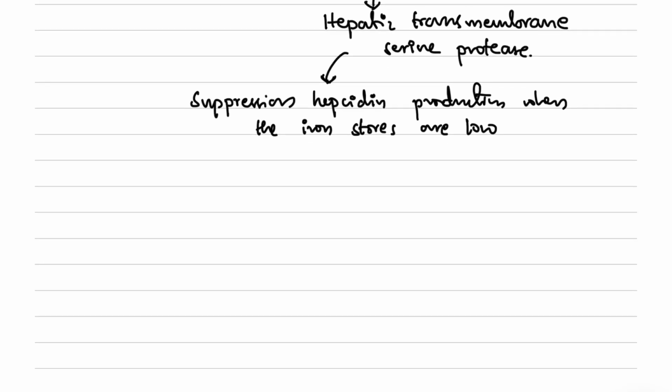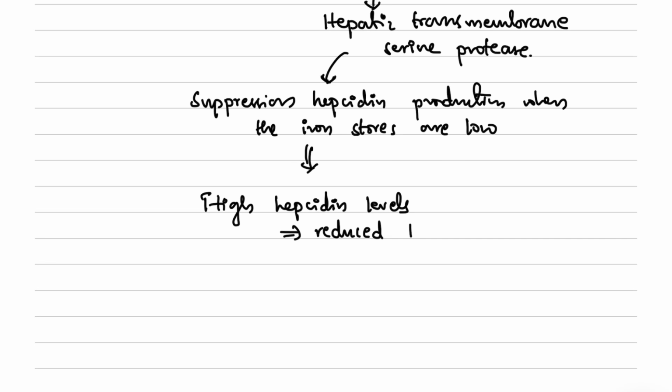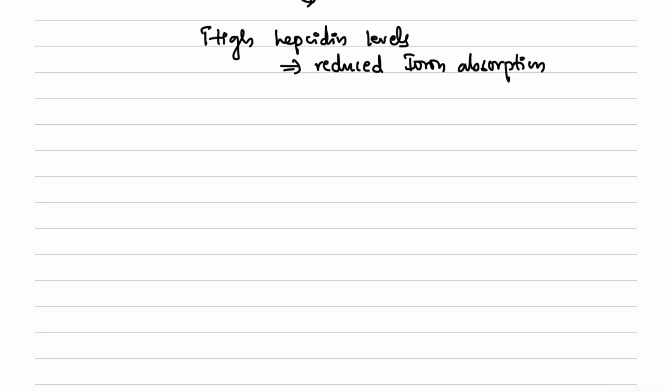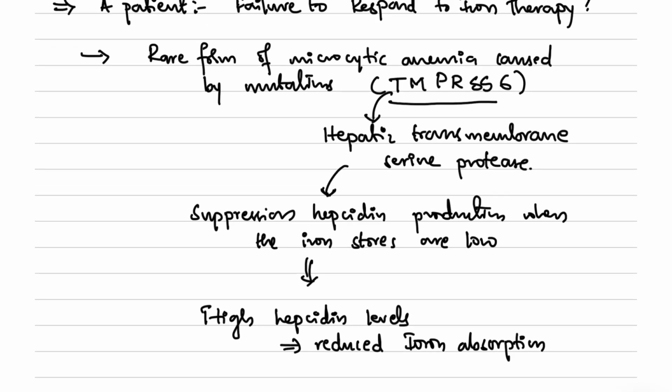Its loss leads to high hepcidin levels, which directly leads to reduced iron absorption. So this is what happens whenever the patient does not respond to the iron therapy. It's a rare case of mutation. So this is about iron deficiency anemia. In the next, we'll look at the etiology of iron deficiency, the clinical features and the treatment part.